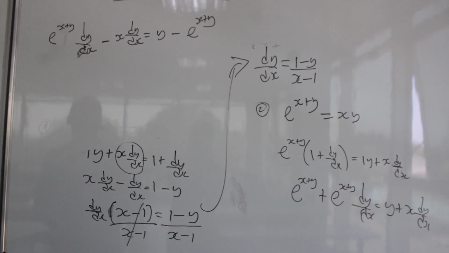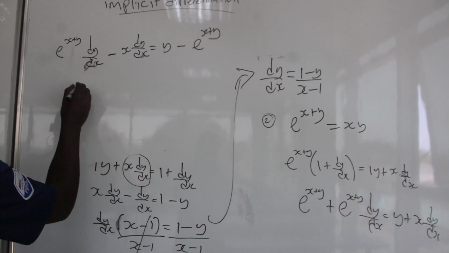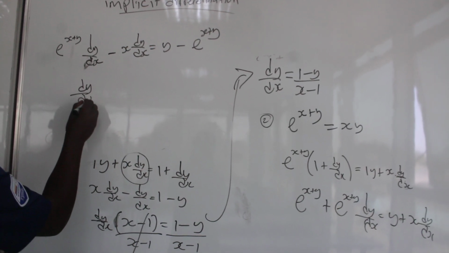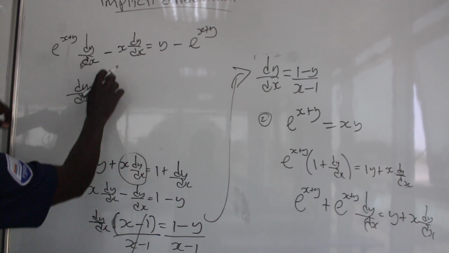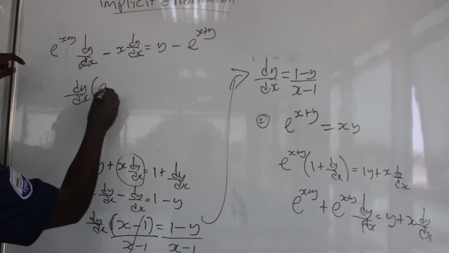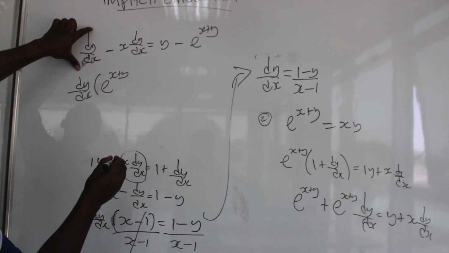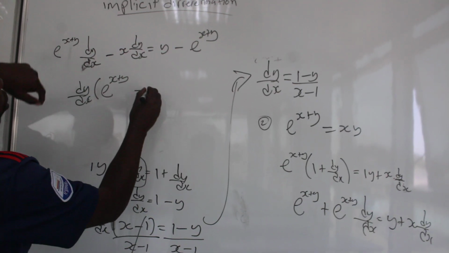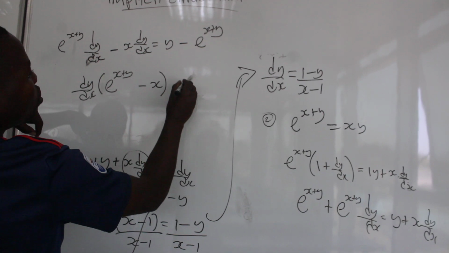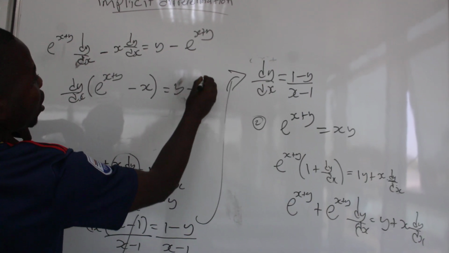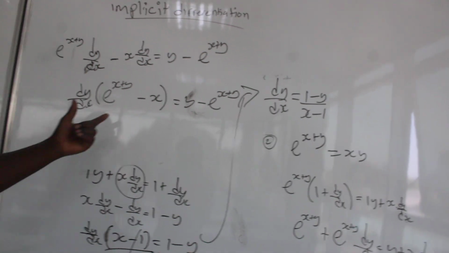So now, what you are going to do is to make dy/dx the subject of the formula. You're going to say dy/dx equals, if you factorize, sorry, I'm going to factorize. So if you factorize, I'm going to have e^(x+y). I'm factorizing dy/dx. They are going to have minus, here I'm going to have x equals y minus e^(x+y). Then we are looking for dy/dx.